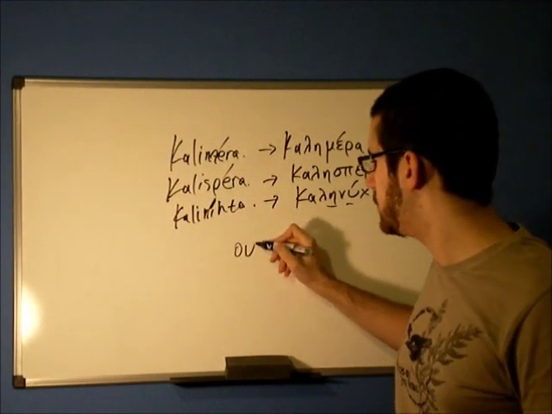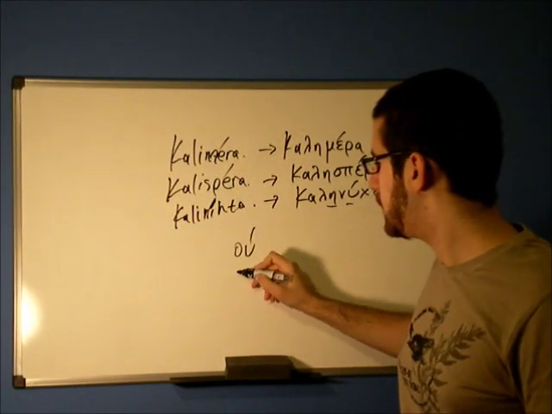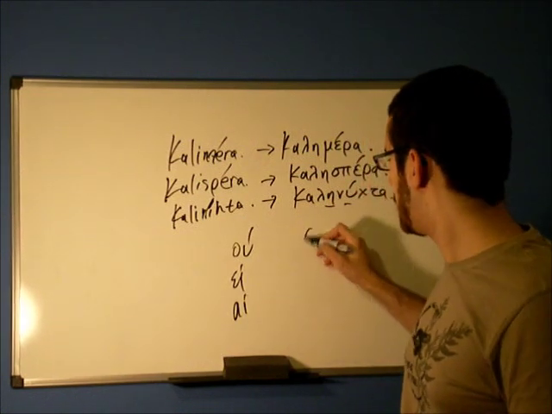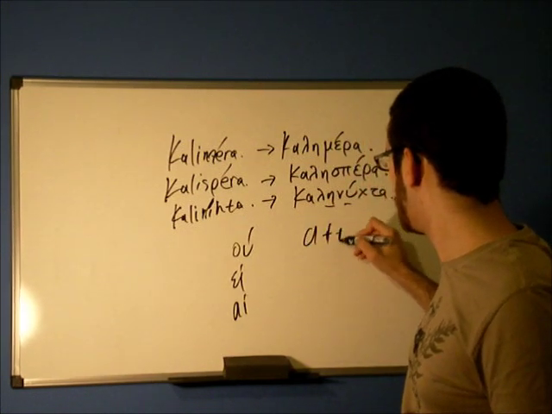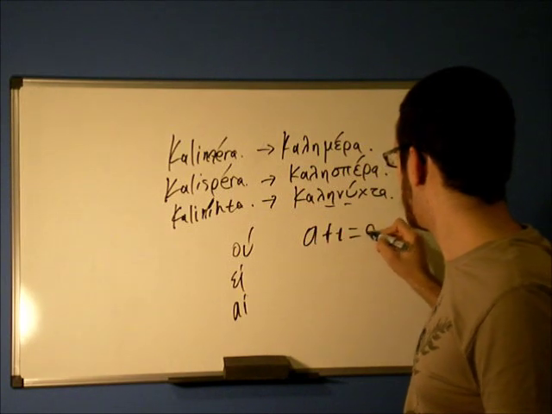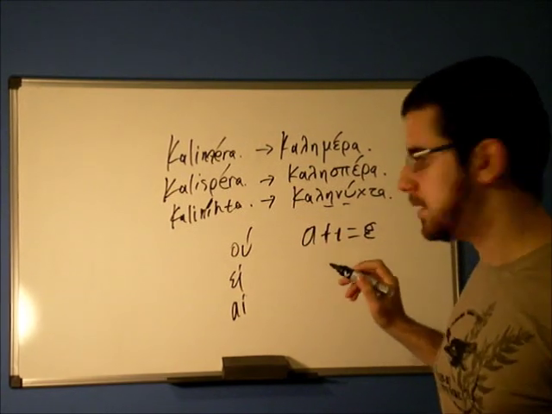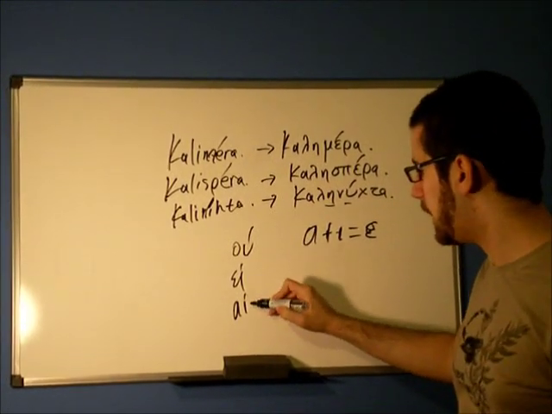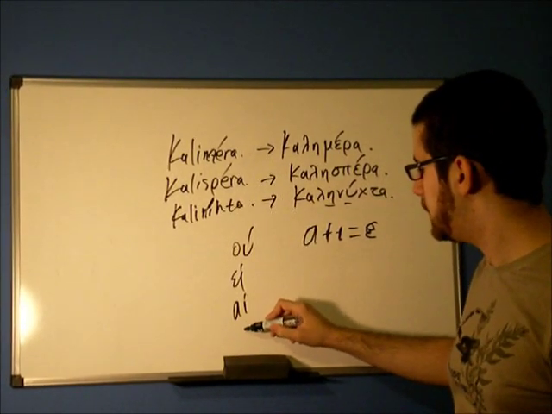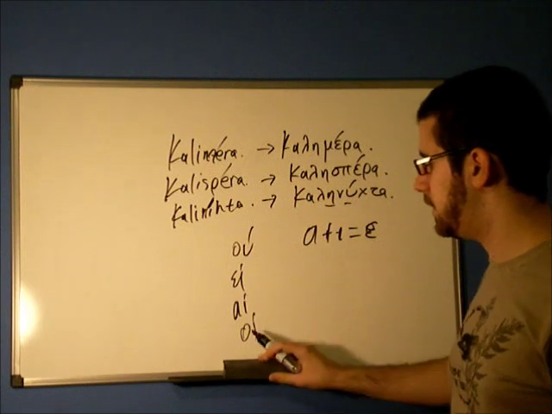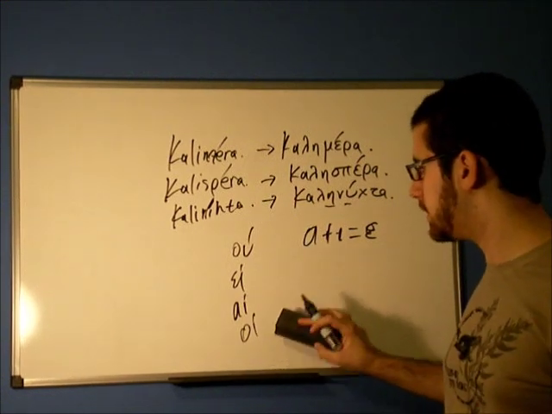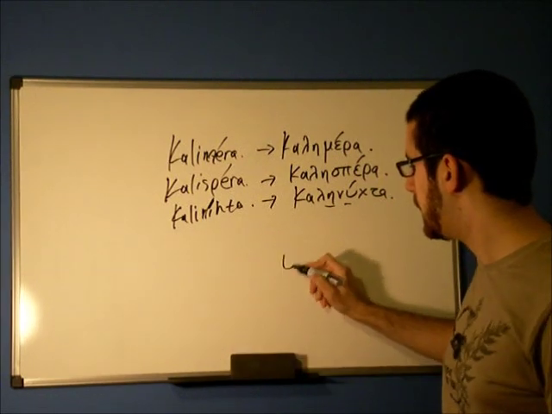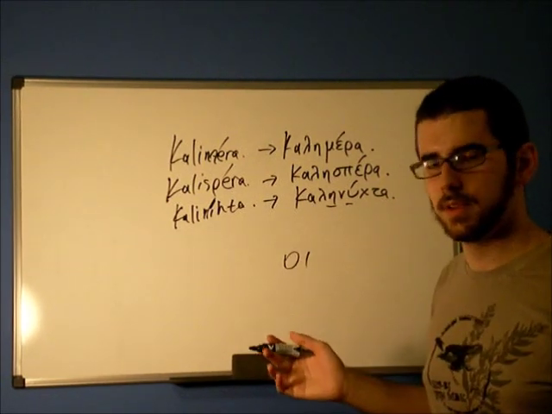Okay? Like, if you have U, then the accent goes there. Alpha and iota give an sound. And I, U, I, this is also like I. You just put it on the second letter, because if you put the accent on the first, it's like you're breaking up the diphthong.